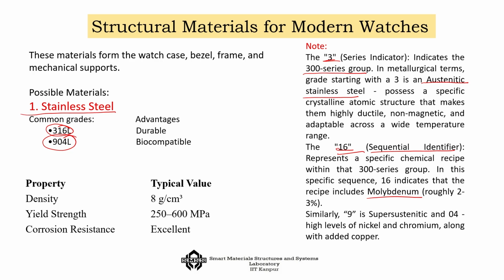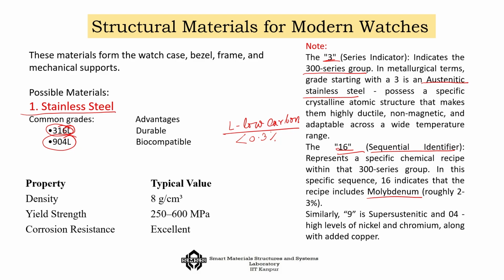And then I also said L here. L is basically low carbon, and that is something that in earlier days would not be there. So, the carbon should definitely be less than 0.3%. If all these things are guaranteed, then we get a much more complicated but much more specific attribute of a steel, that is called 316L steel.